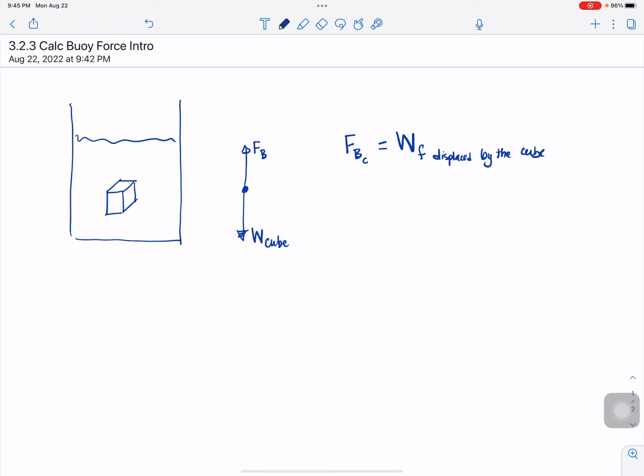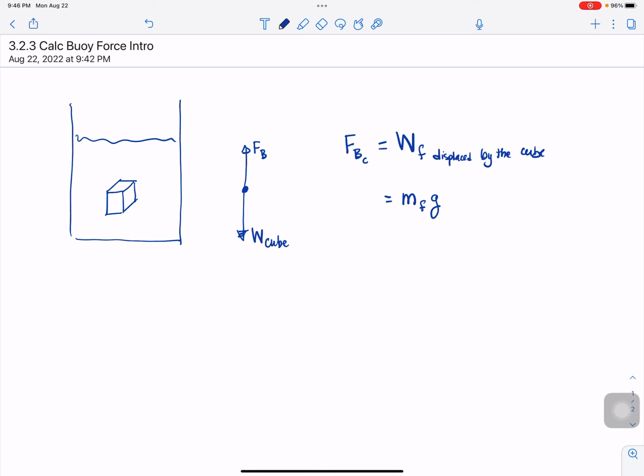And in the handout it says or pushed aside by an object. And so what that means is we know that weight is equal to mg. So this is the mass of the fluid times g.